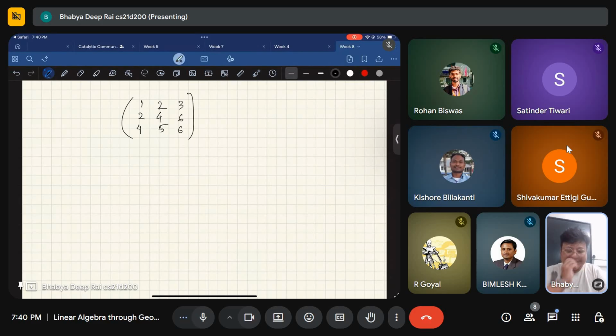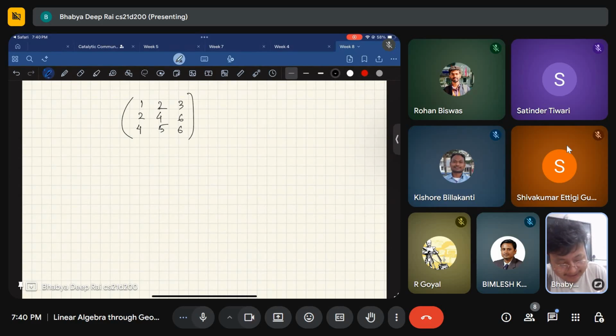Now, what is null space? Null space has two properties. First property is that null space is orthogonal to the row space, right? But to find the null space, it may or may not come in handy.